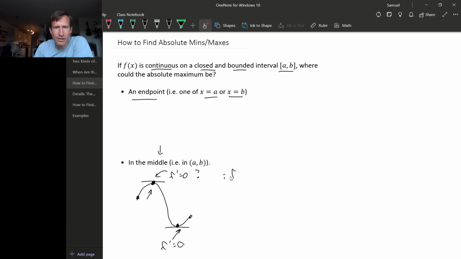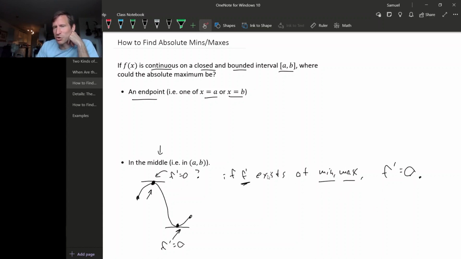So if the derivative exists at a minimum or a maximum, then we think that the derivative at that minimum or maximum should be 0. Now, in fact, that's true, but it does take some proving. I'll save the technical details of proving that for another video. But if you're at an absolute minimum or maximum and the derivative exists, then the derivative has to be 0.